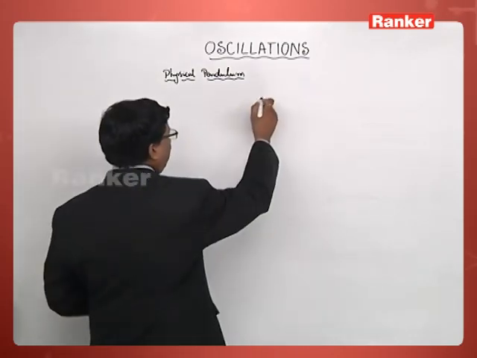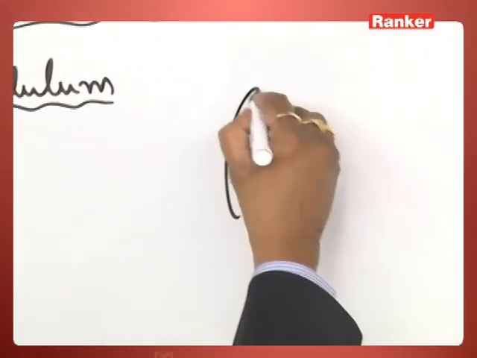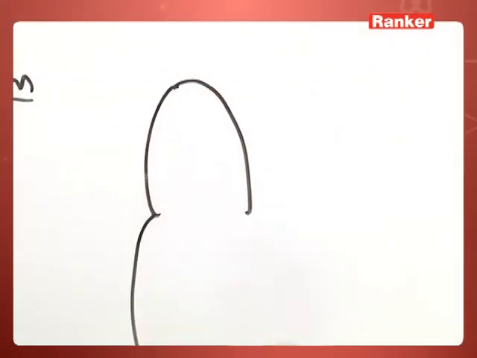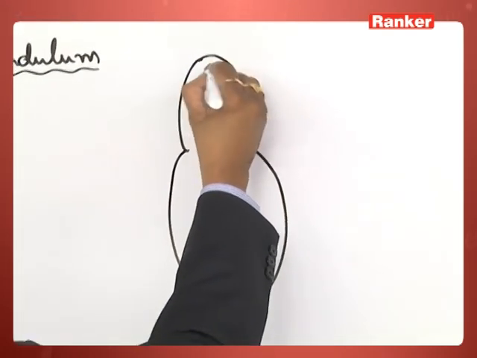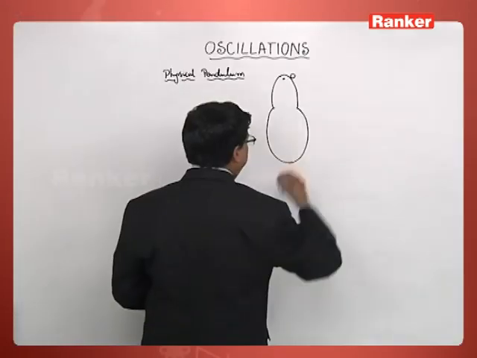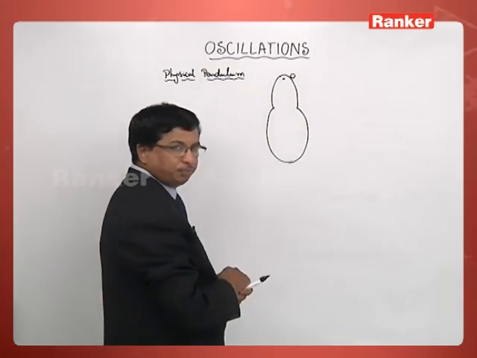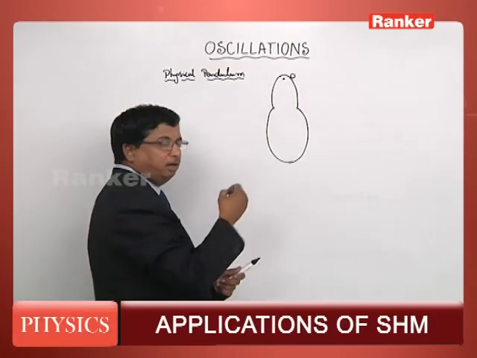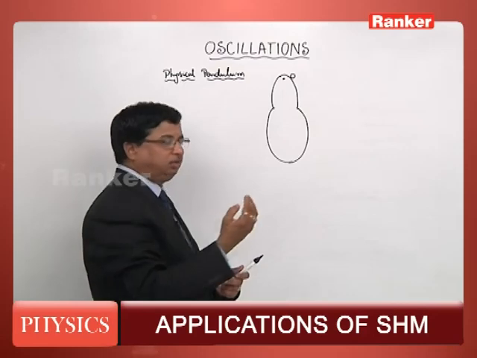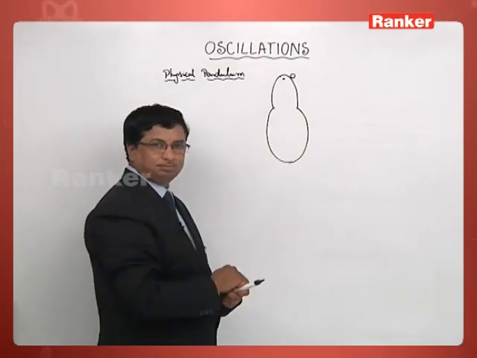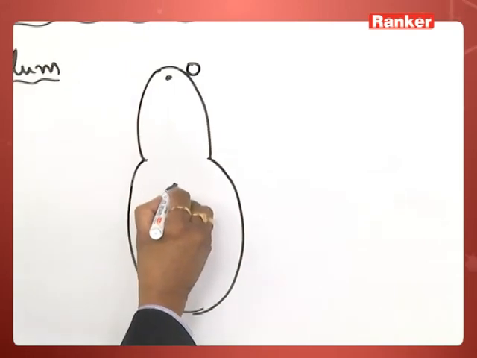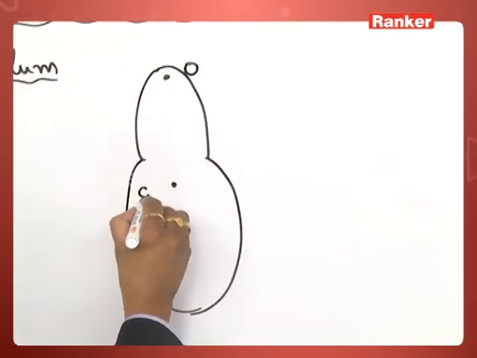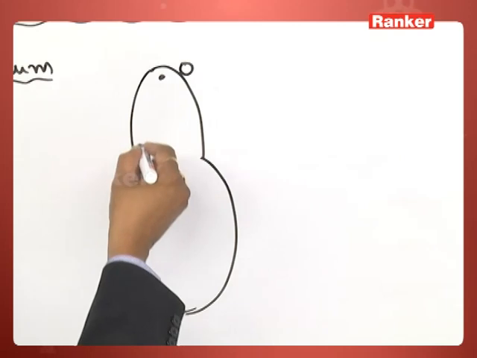Similarly, when we consider a body like this, for example, suspended at this point O vertically this way, like a calendar or any other portrait we hang on the wall, and I consider this is the point where the effective center of mass of that body is.